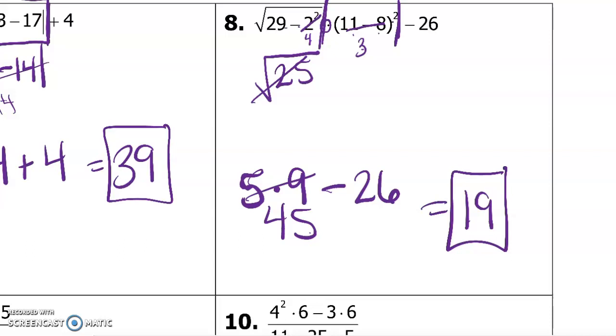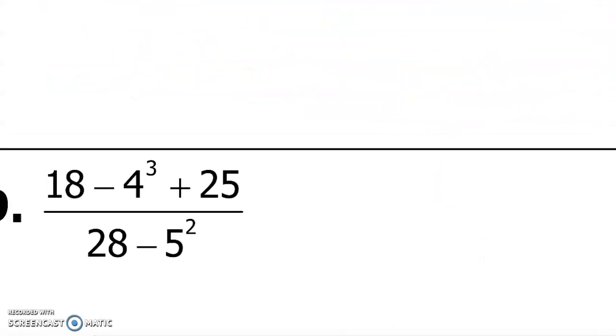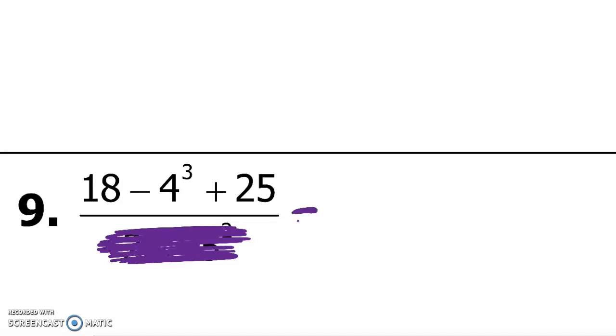So those are all just in a row. Now we have some fraction ones that look super scary, but all you do is you just take one thing at a time. So I'm going to cross this whole thing off. Obviously don't do that with your paper, but I can do it with mine. So just pretend that the top is a problem all on its own. What I notice is I have subtraction, I have addition, and then I have this 4 to the third that I need to get rid of.